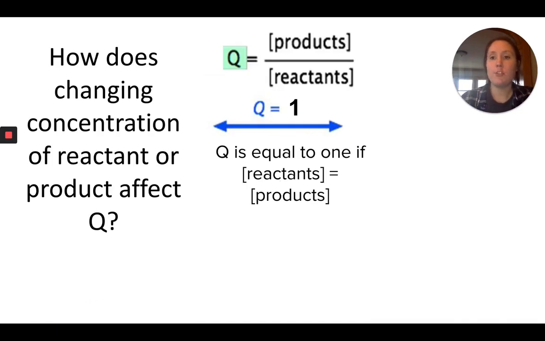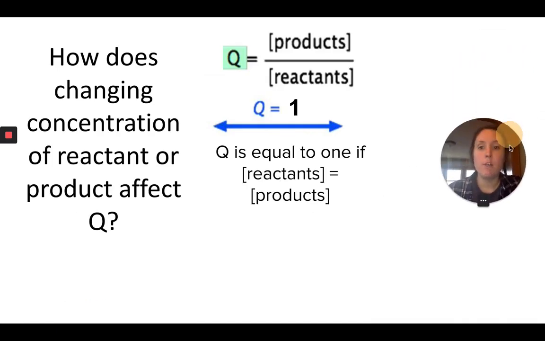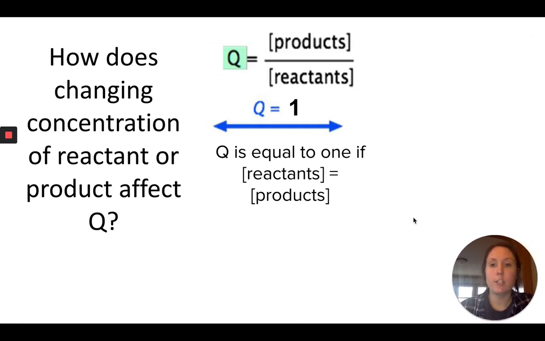So how does changing the concentration of a reactant or product affect Q? So once again, Q is equal to 1 when products are equal to reactants.